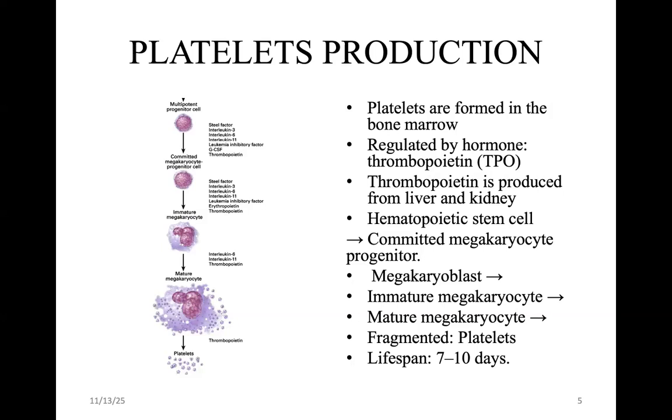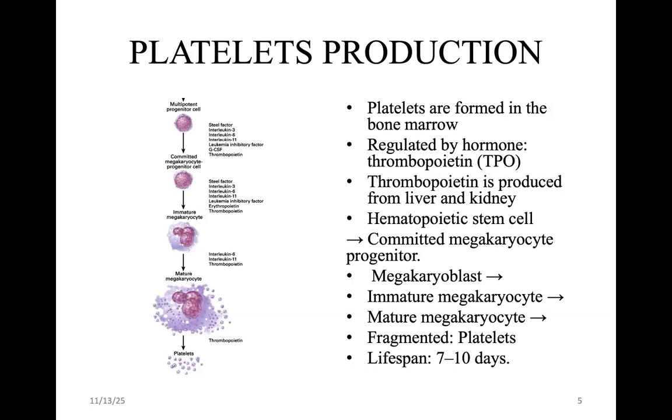So platelets are actually fragmented megakaryocytes. Megakaryocytes have a nucleus. They have all other things that any other cell has. But one typical thing we want to recognize between platelets and RBCs is that at their mature stages in circulation, they both do not have a nucleus.